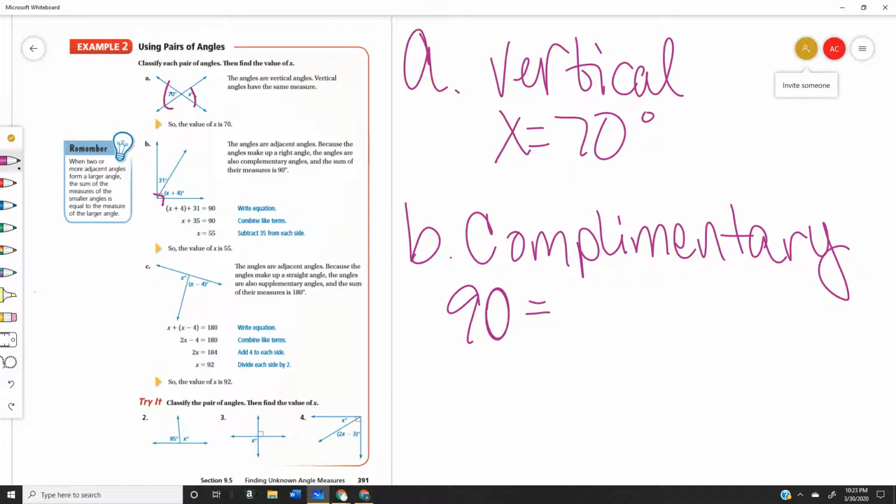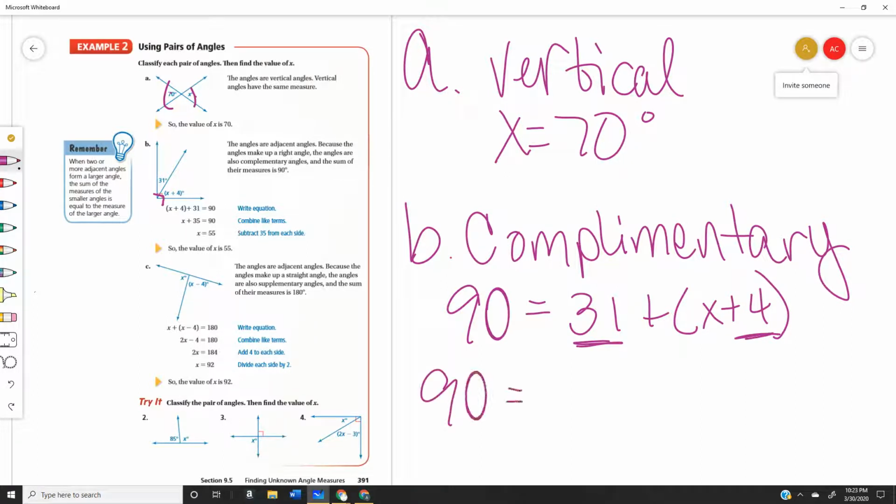So I can add these two angles together. So I can do 31 plus x plus 4, okay? I can use my commutative property to rearrange these, or I can just combine like terms. So I get that 90 is equal to 35 plus x. Subtract 35 from both sides, and I get that x equals 55.